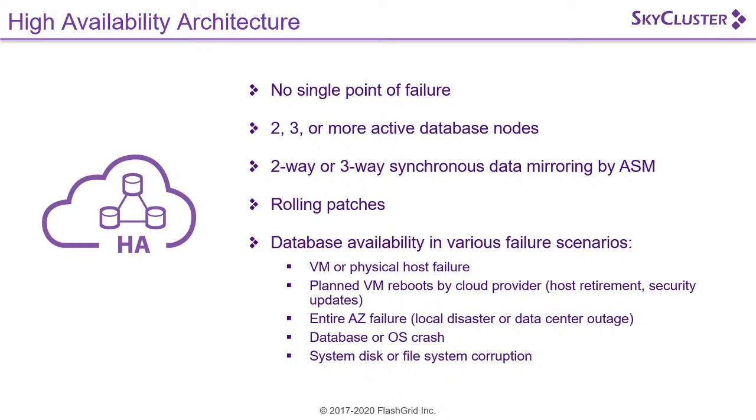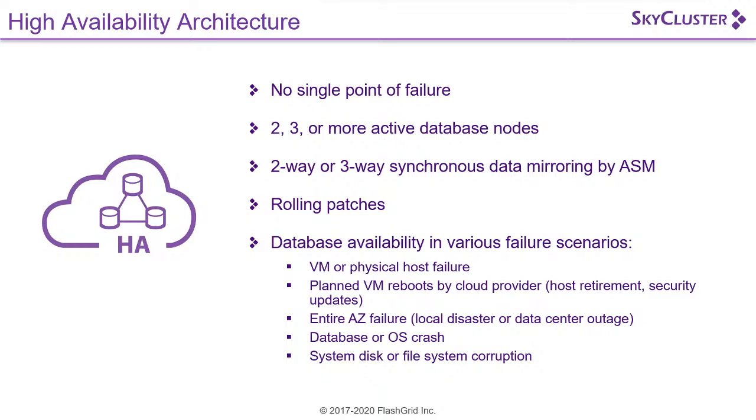The most typical scenarios that we see in most demand are 2 or 3 database nodes, but we can do more than that if needed. There is also 2-way or 3-way data mirroring done at the ASM level.